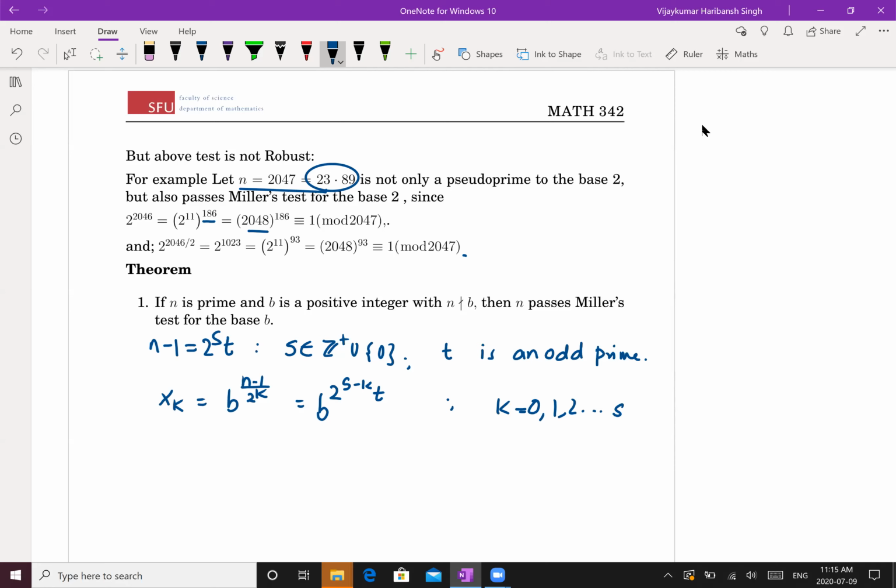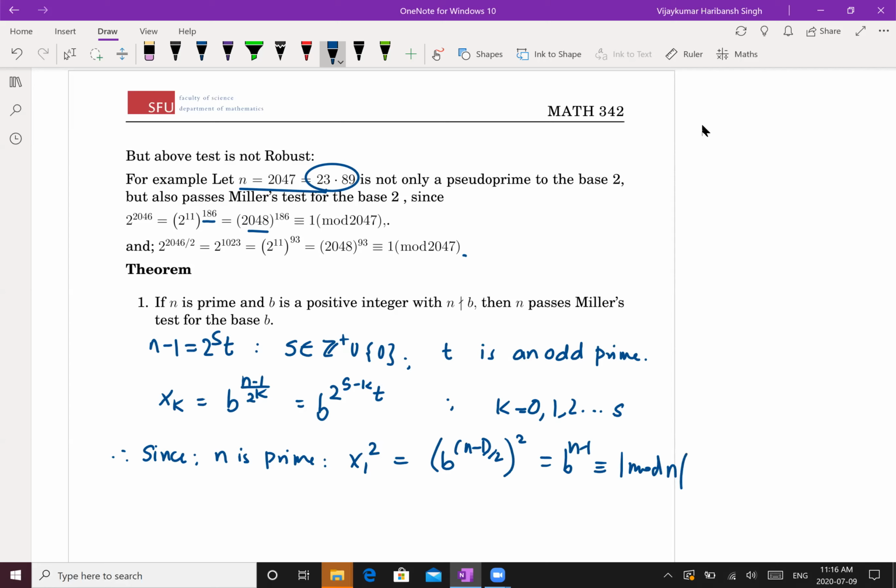Now, Fermat's theorem tells us, since n is prime, that x1 square is congruent to b to the power (n minus 1) divided by 2, the whole square, which is b to the power n minus 1, congruent to 1 mod n.